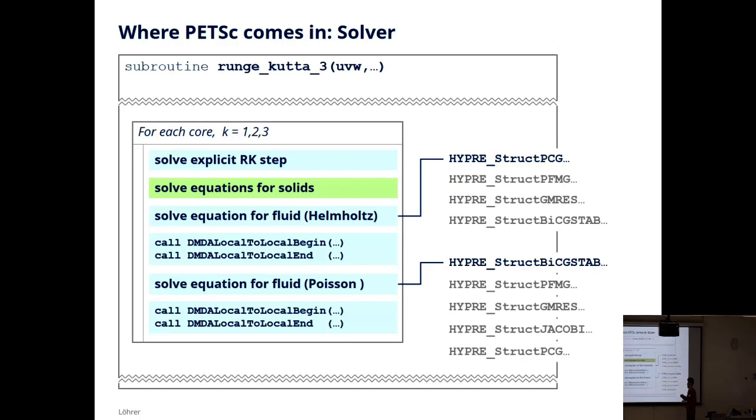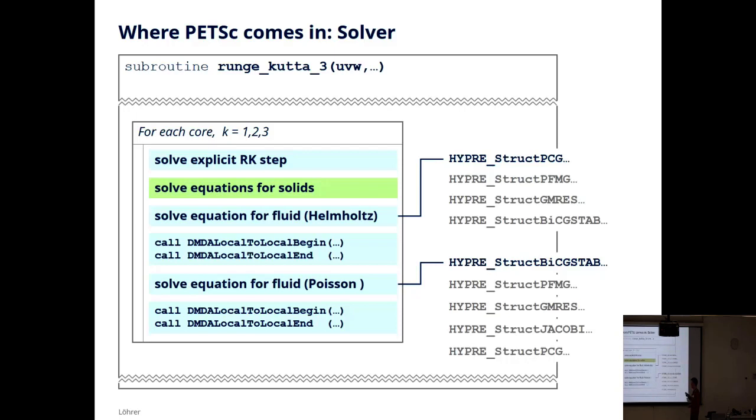Let's have a look into the solution routine for the fluid. It's a 3-step Runge-Kutta scheme. For each one of the solution steps in one time step, we solve an explicit Runge-Kutta step. And this is hand-coded. It's explicit, so it's not very difficult to do.